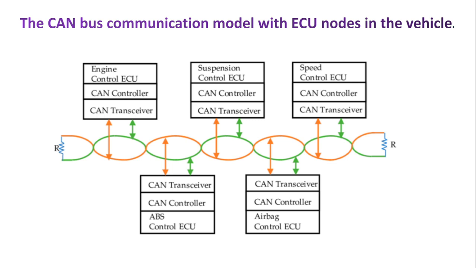First is the engine control unit, with CAN controller and CAN transceiver, meaning each sub ECU has both the CAN controller and CAN transceiver features for communication between ECUs, right? These are for the suspension control unit, these are for the speed control ECU, this is for the airbag control unit, and this is for the ABS control unit.